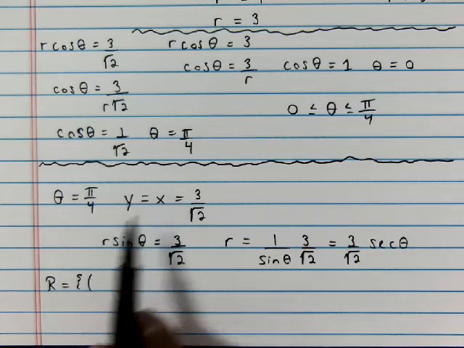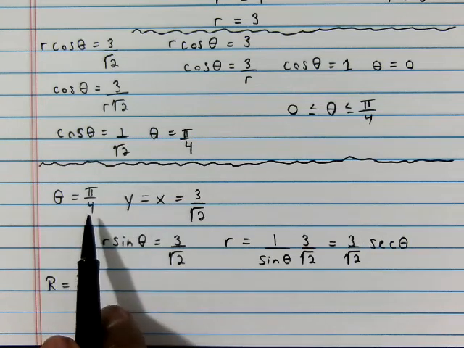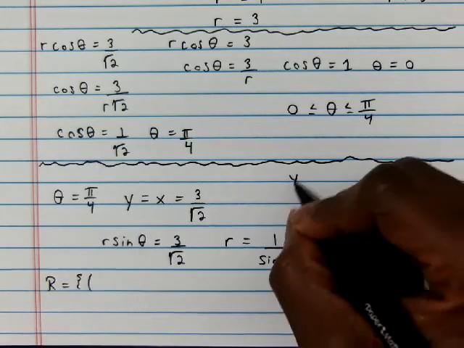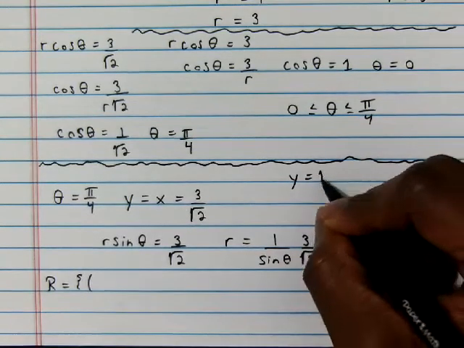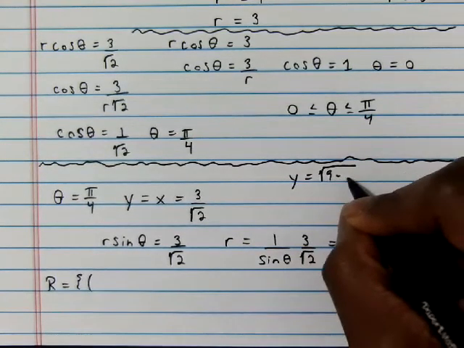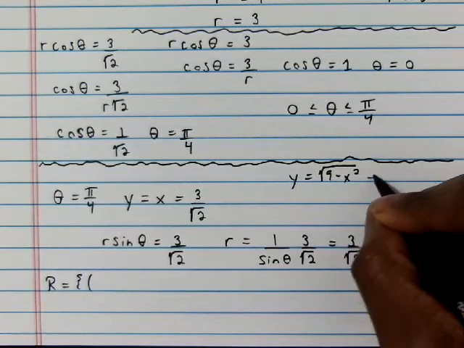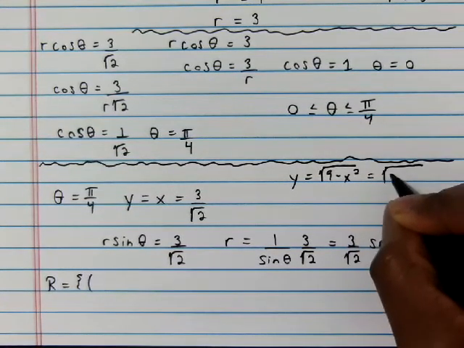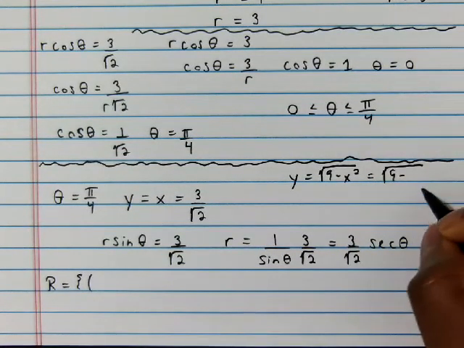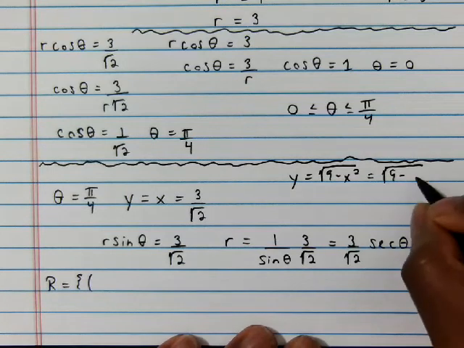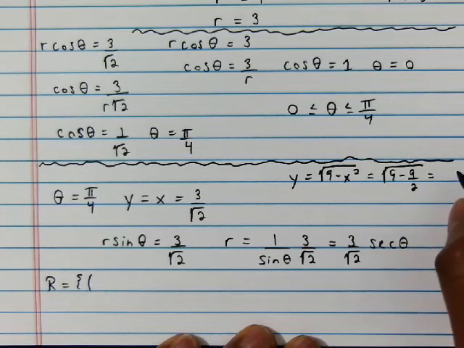Down here, I did this at theta equals pi over 4, but again, I could have just used y equals the square root of 9 minus x squared and plugged in x is 3 over root 2. So 9 minus 9 over 2.